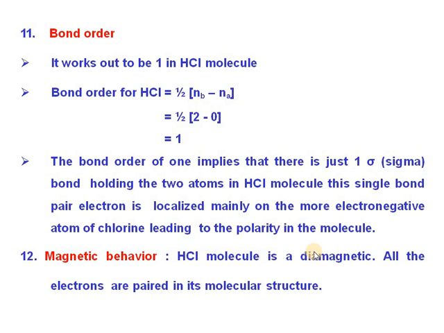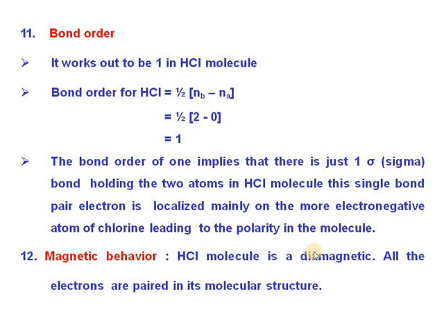The bond order, bond length and energy of those molecules can be discussed on the basis of the polarity of the molecules. Since the electrons are paired, the hydrogen chloride molecule is diamagnetic in nature.